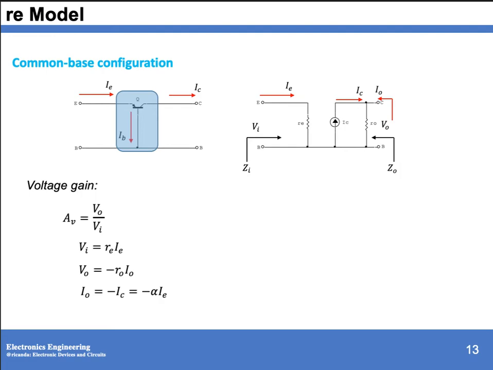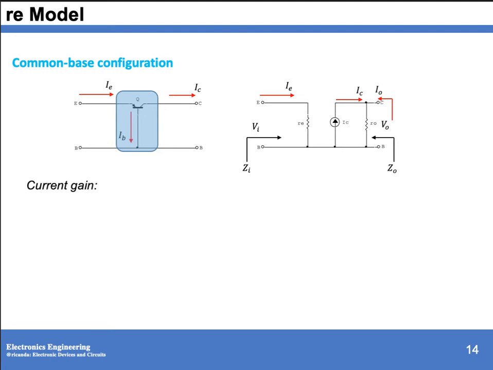So we have I_o equals to negative alpha I_E. Substituting that to your voltage gain, therefore we have your voltage gain equals to your V_o, which is r_o alpha I_E, over your V_i, which is r_e I_E. Therefore, your voltage gain is equivalent to your r_o alpha over r_e.